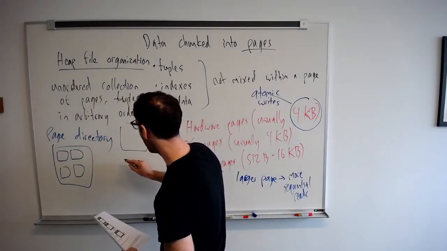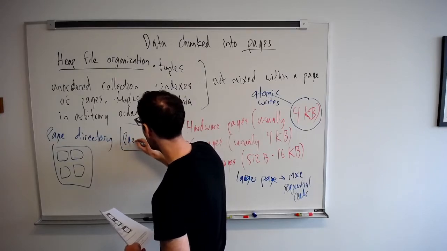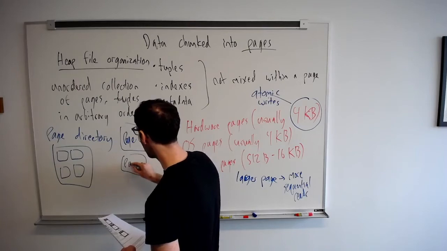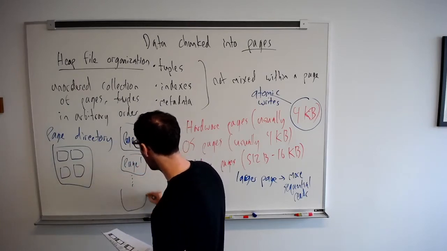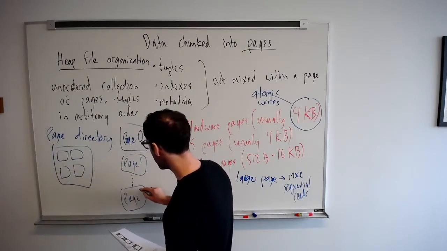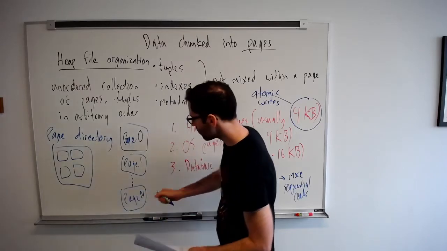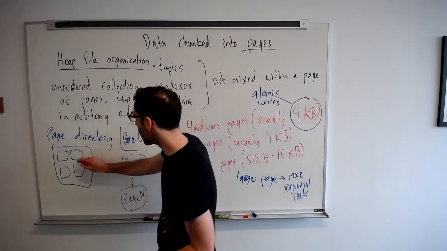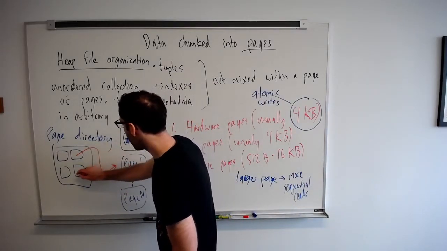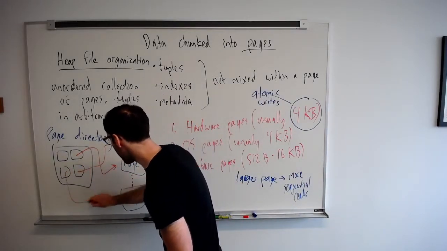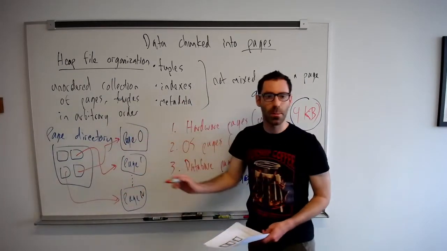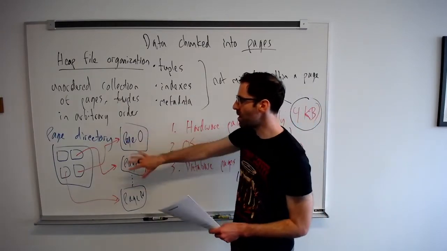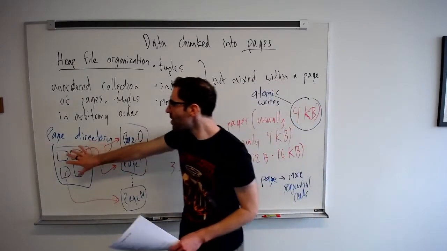So if we have page 0, page 1, all the way up to page n, each of these entries in our page directory will tell us where to find a specific page within our database file structure.